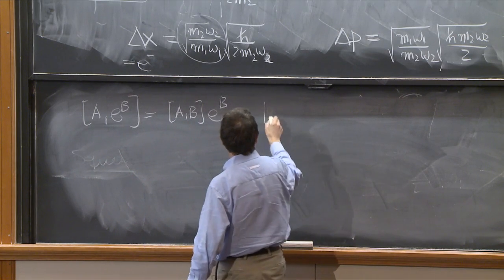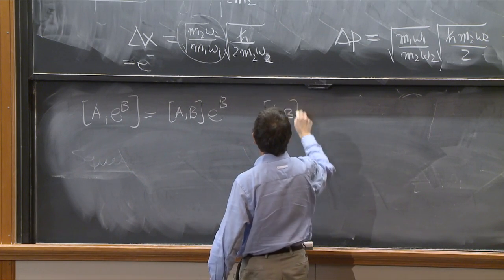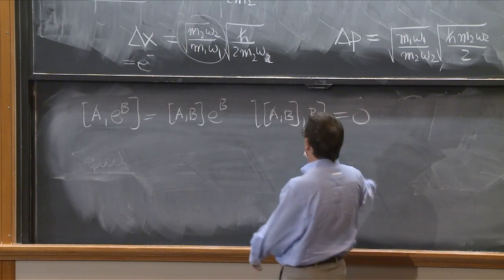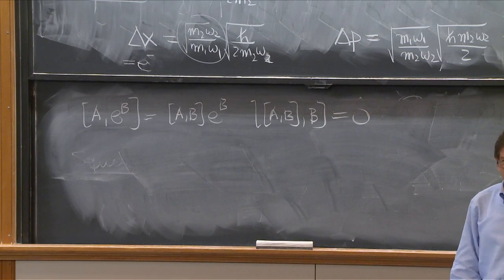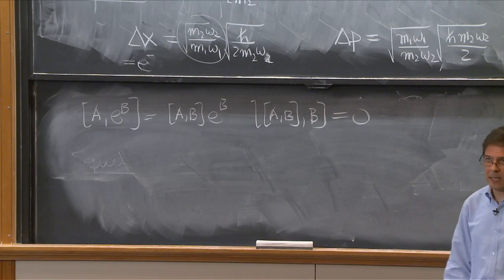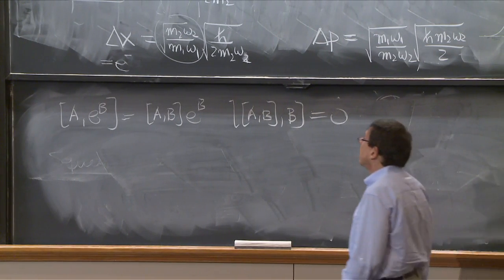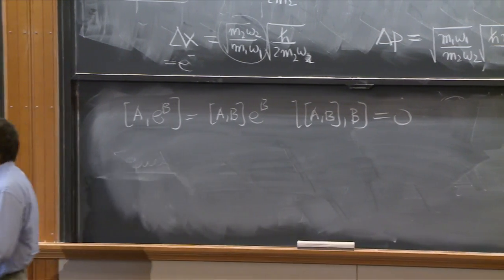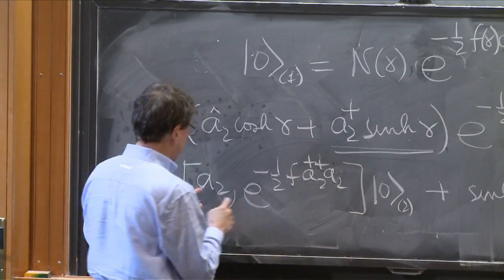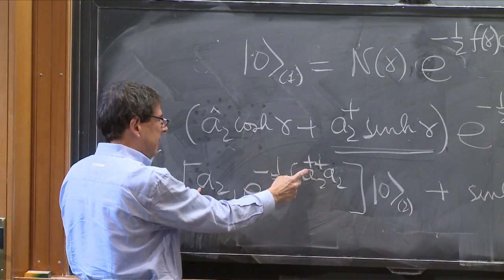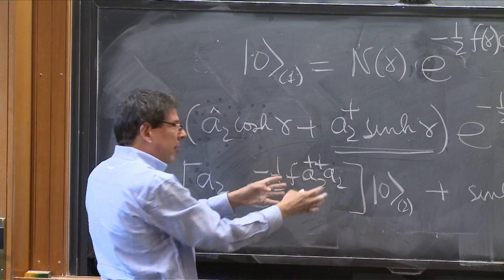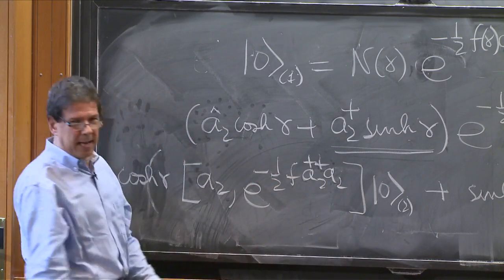And this is true if the commutator of A, B commutes with B. So that's what you must think whenever you see these things. Am I in this lucky situation? Yes, you are, because with this commutator, one A will kill an A dagger, so you will be left with an A dagger. But A dagger commutes with B, which is A dagger, A dagger.